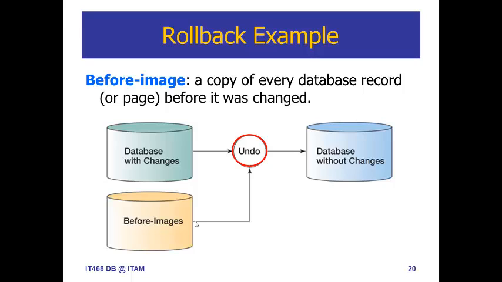In the log file, we record every step of each transaction committed to the database, and in each log record, we not only record the before image, the old value before the change, but also the after image, the new value after the particular change.